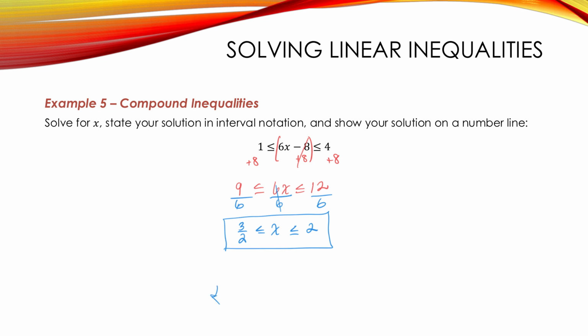If we drop it on a number line, it means that x is between 3 halves and 2, and they have to be closed circles because of the equal sign. Closed circles mean brackets in interval notation. So our interval notation would be bracket 3 halves, 2, and then another bracket.